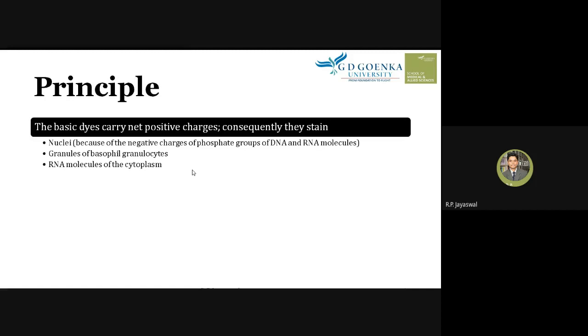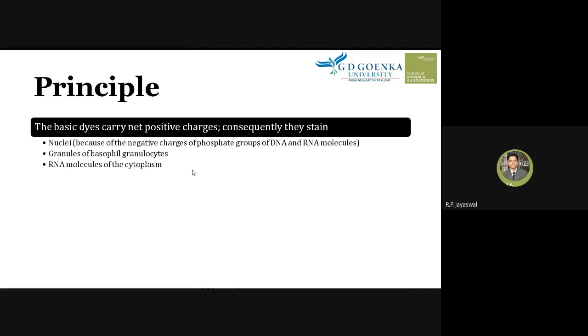So these are the components of the cell which are stained by the basic dye, that is methylene blue. They have a positive charge on it, and because of that it always attracts the negatively charged components of the cells. So nuclei have a negative charge, granules of basophil have a negative charge, and RNA molecules present in the cytoplasm also have a negative charge.